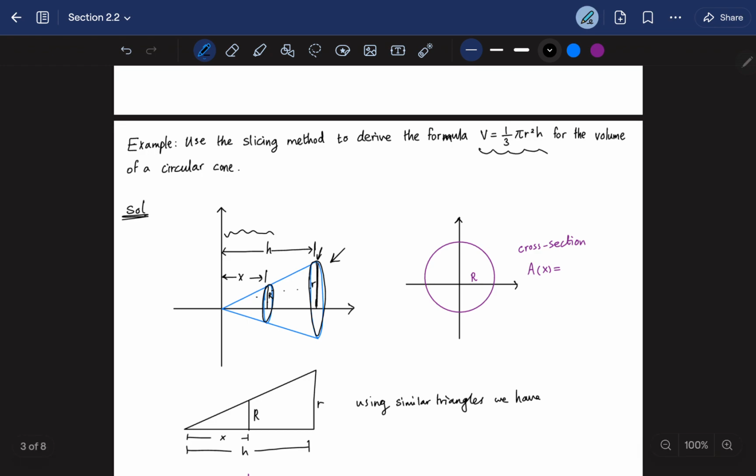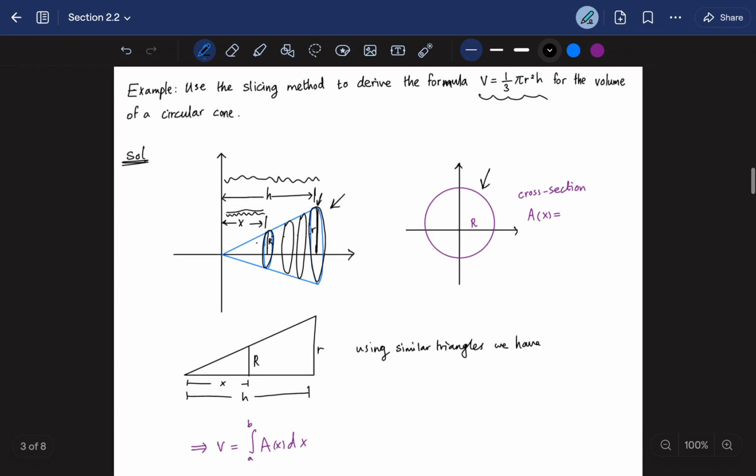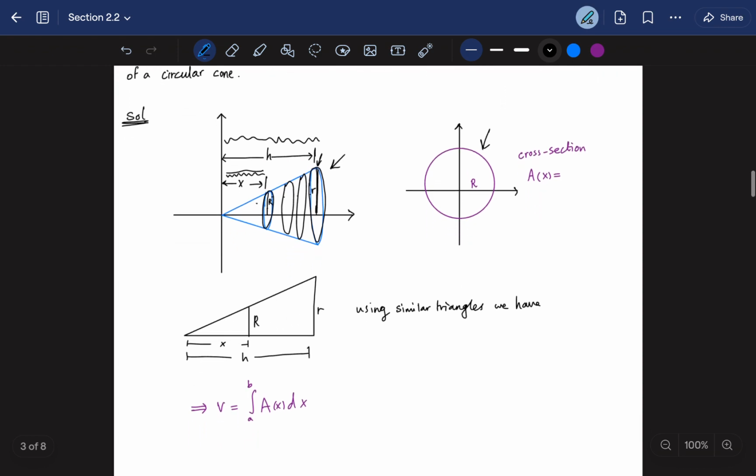So this whole thing has height h, let's say, and for each cross section that I take along a certain value x, I'm going to have a distance x. Okay, so we know that our cross section is just a circle with radius r, but this r is not constant. It changes with the different slice that I'm taking.